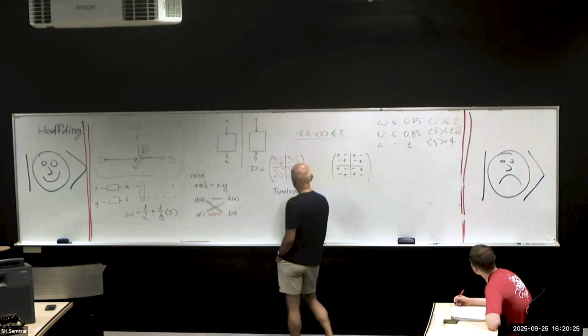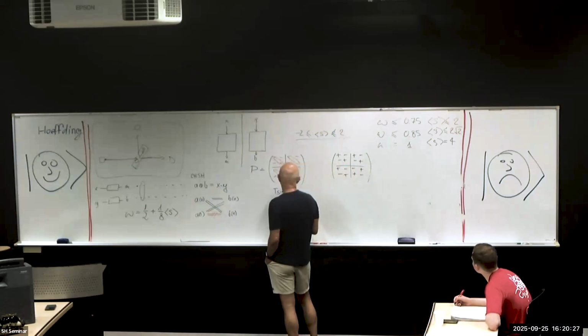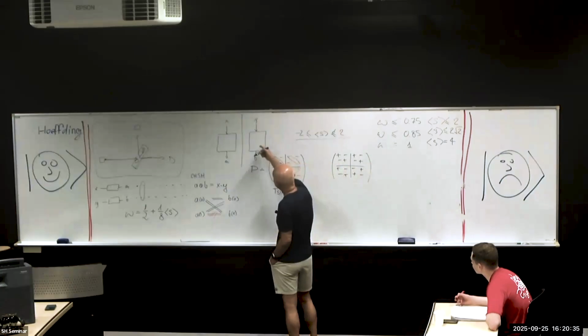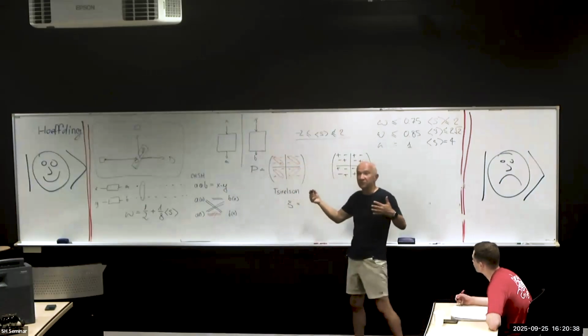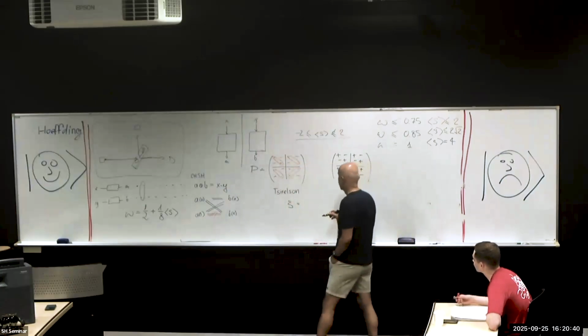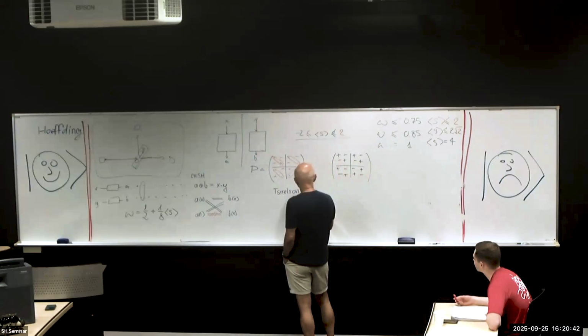So S, the expected value of S, for a given probability distribution describing the boxes, can be simply written as, let me just write the expression first.